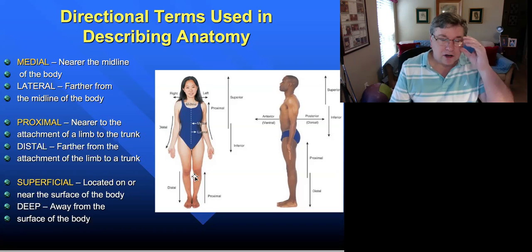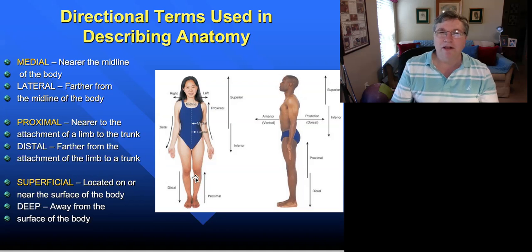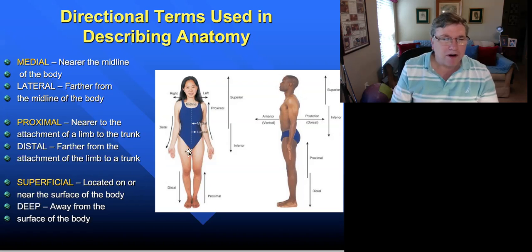Proximal means closer to the midline of the body or closer to the trunk. And then distal means farther away from the trunk. So if we compare the knee and the ankle joint, the ankle will be distal, the knee joint will be proximal. The elbow and the shoulder, the shoulder is proximal, the elbow joint would be distal. So pretty straightforward, I think, for the most part.